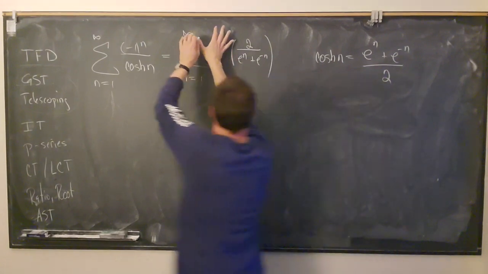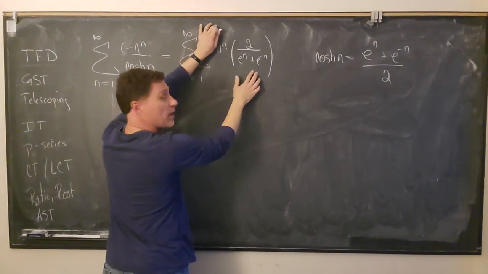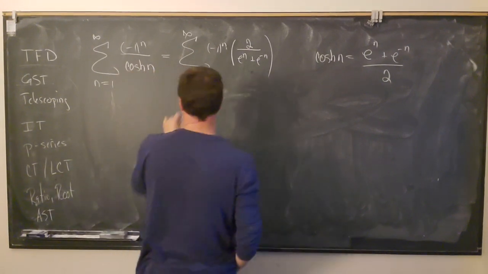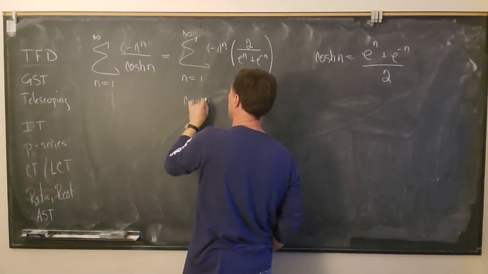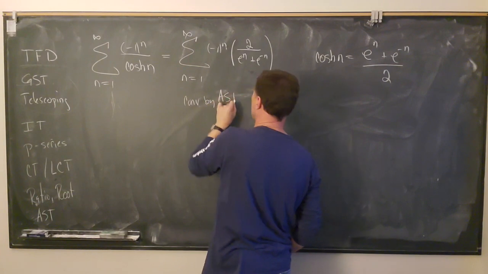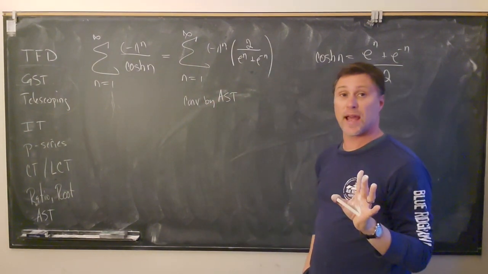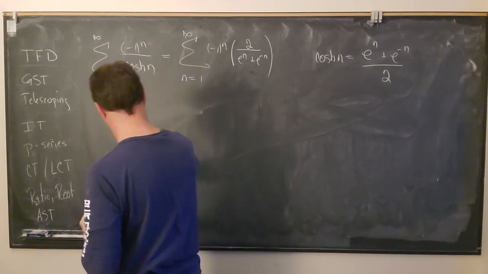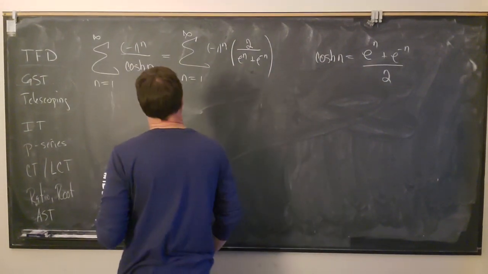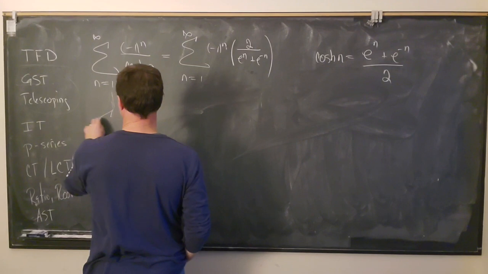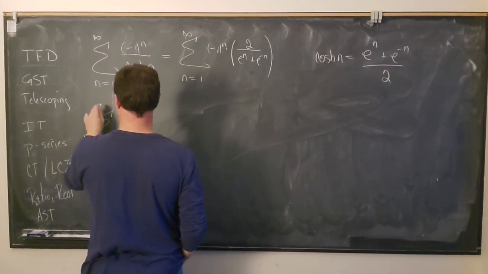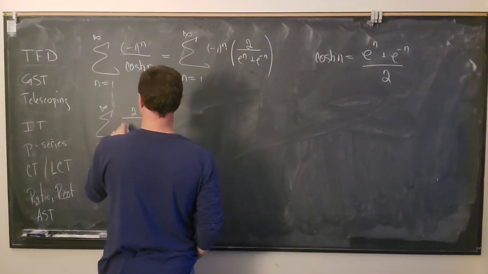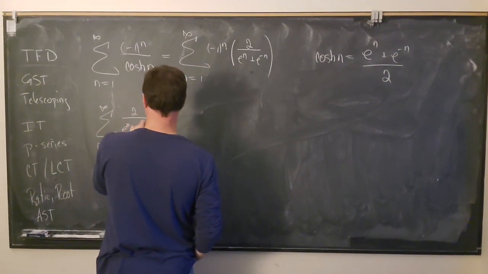If you just look at the sequence inside here, that limit is going to go to 0. So this series converges by the alternating series test. So that's one thing you could do. If the question asks whether it's absolutely convergent or not, well, okay, if I put the absolute value bars around, now I'm considering sum n equals 1 to infinity of 2 over e to the n plus e to the minus n.